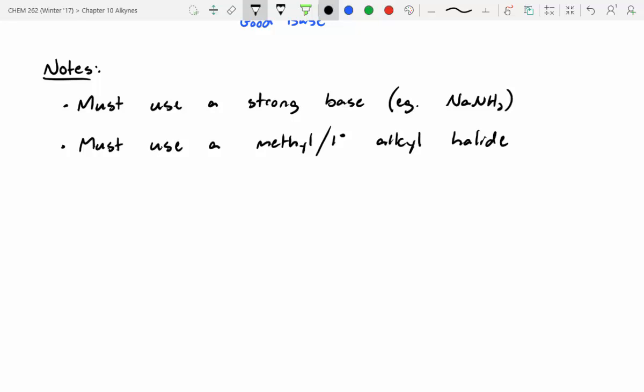One is the backside's way too blocked for that SN2 attack to occur on a tertiary or a secondary carbon. And the other problem is we get another reaction that occurs rather than SN2. What's that other reaction? E2. So the problem is secondary and tertiary alkyl halides do E2. So that's a little bit of review.